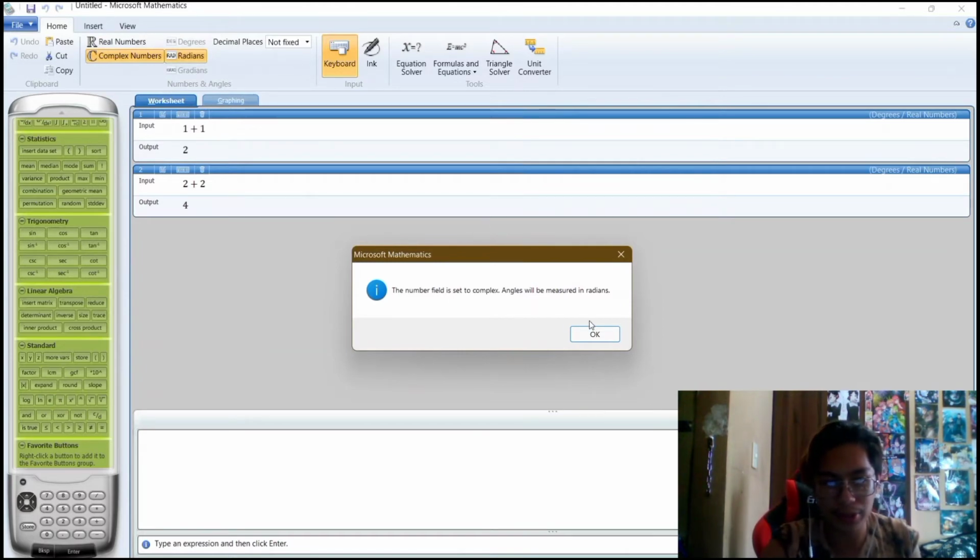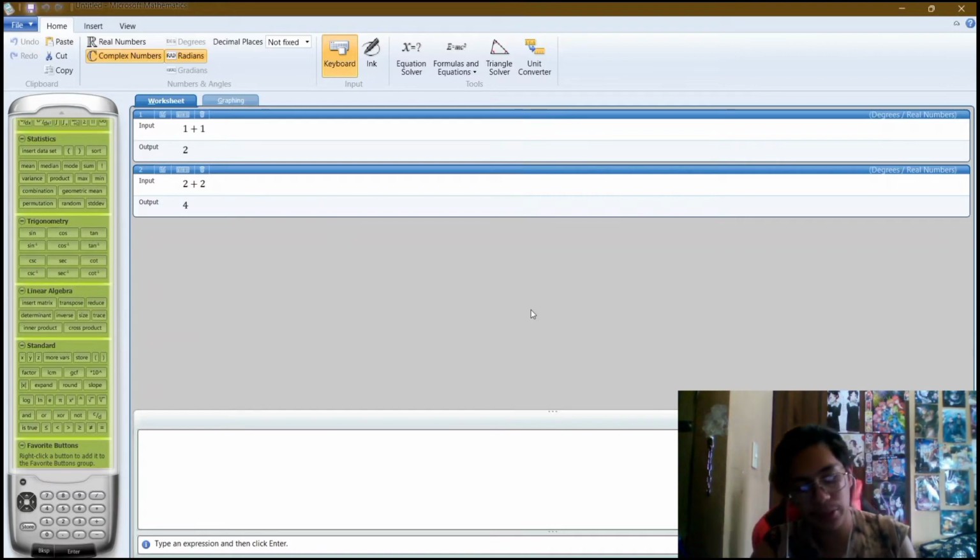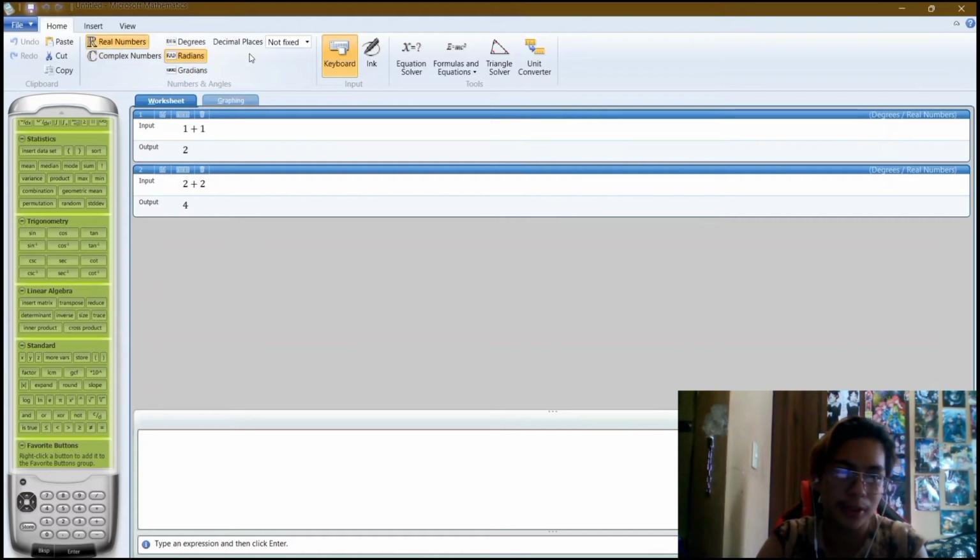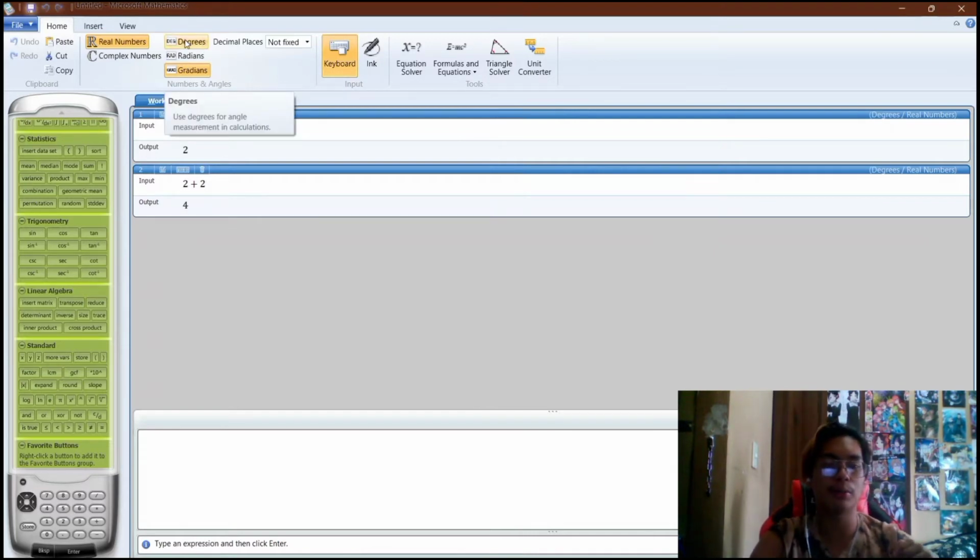Angles will be measured in radians. That means whatever problem we input will be solved in radians. If we go back to real numbers, all three options, degrees, radians, and gradients, will be available once again. So for simplicity, by default, we keep it at degrees and real numbers.